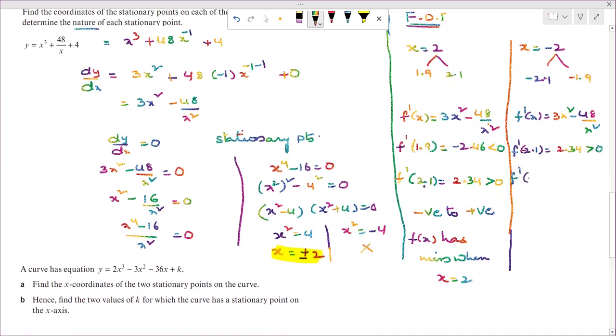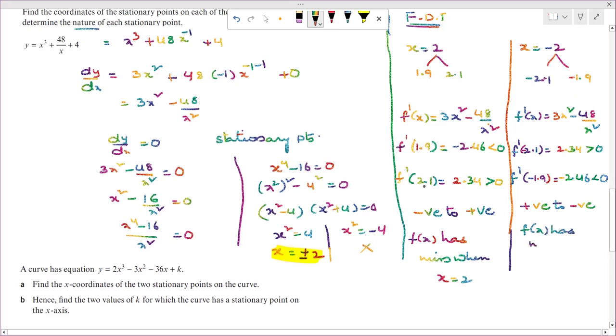F dash of minus 1.9, minus also whole square, square is enough. Here also same expression you will be getting, minus 2.46, less than 0. Here positive to negative. Positive to negative means maximum. F of x has maximum when x is equal to minus 2. At x equal to 2, minimum point; at x equal to minus 2, maximum point.